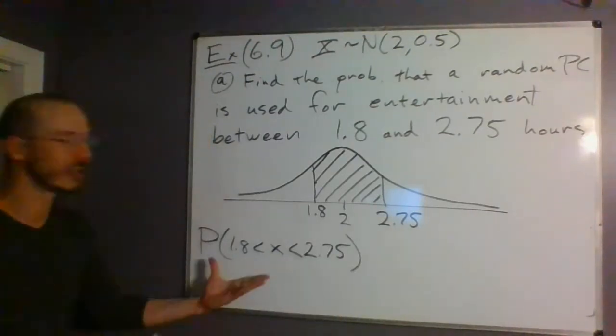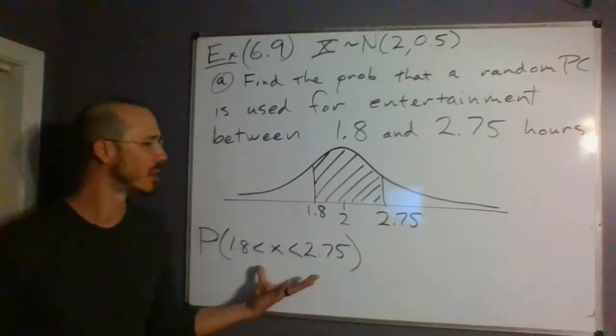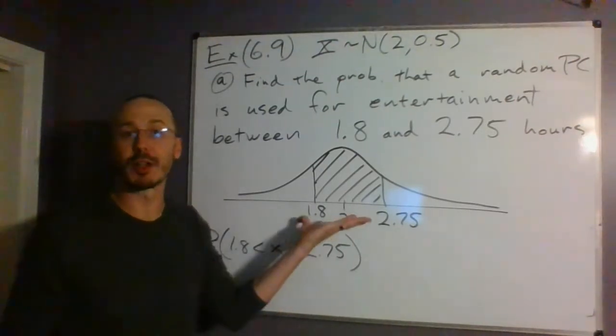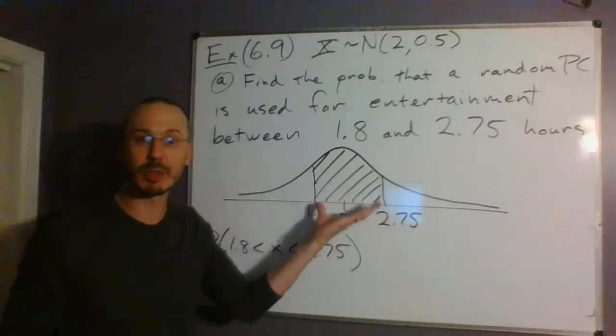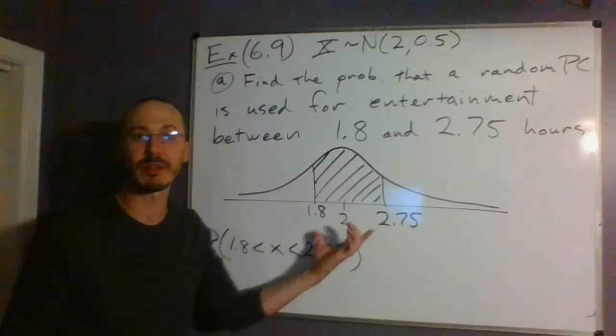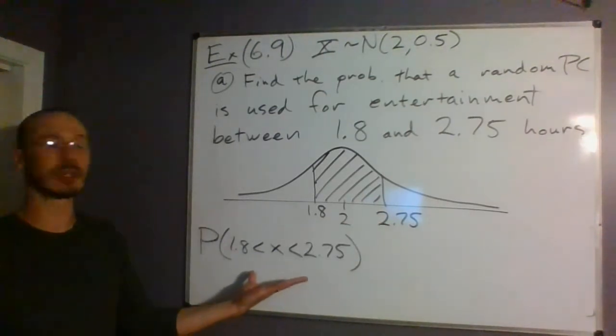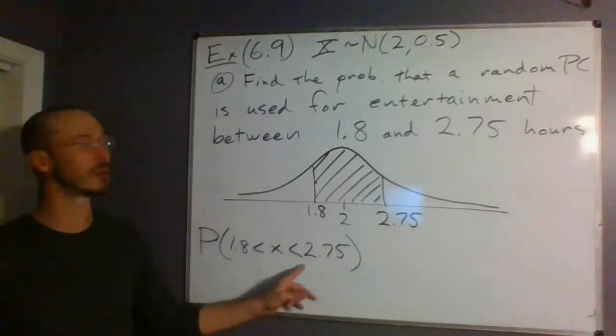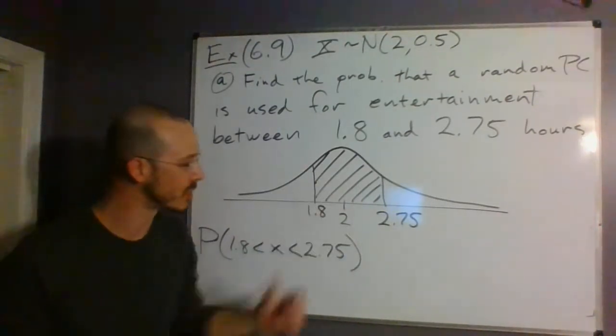And that probability notation sets me up with a symbolic picture of the graph. The area between 1.8 and 2.75 is the probability, the value of the variable between those numbers, the shaded area between those numbers.